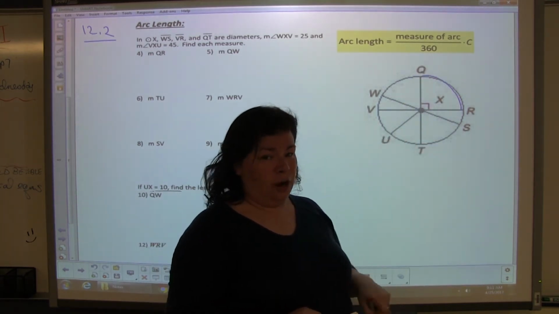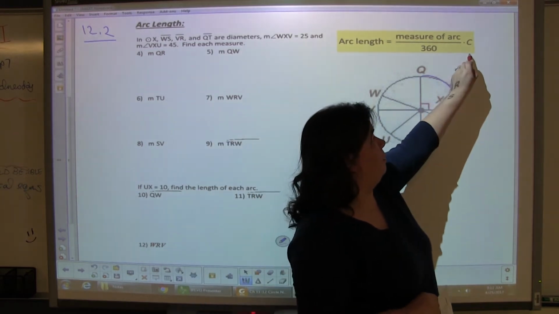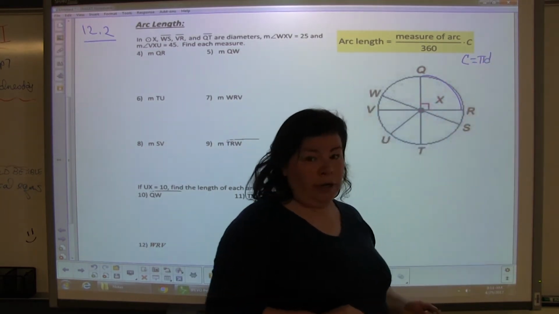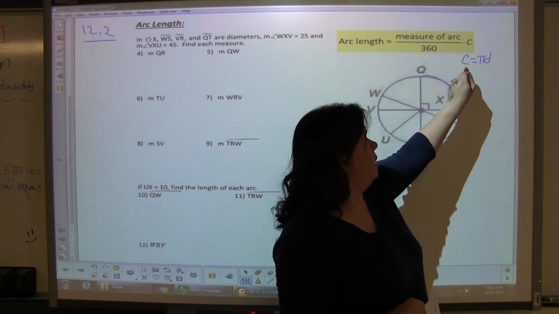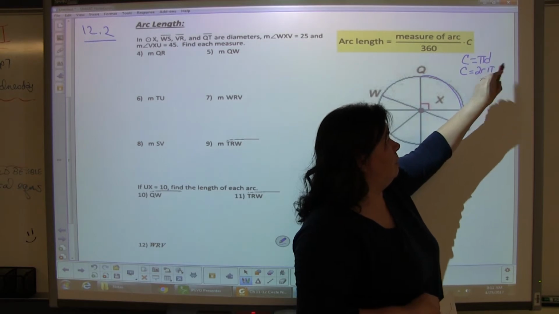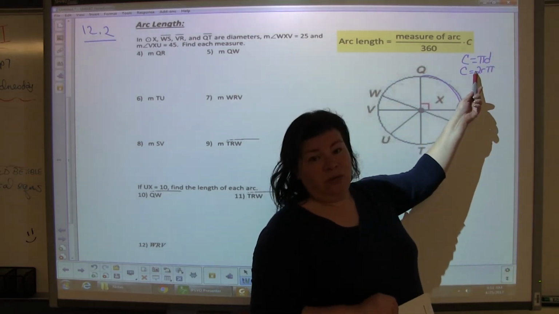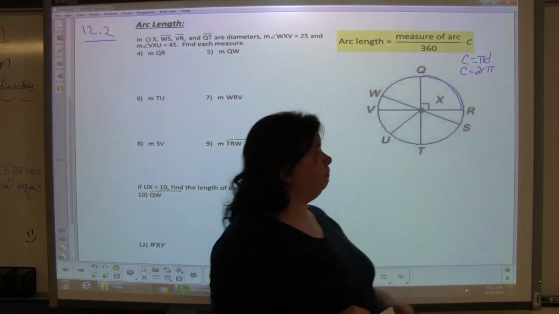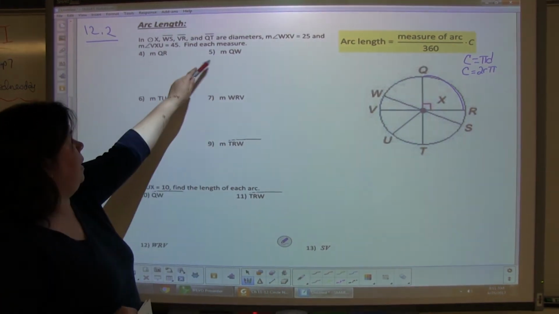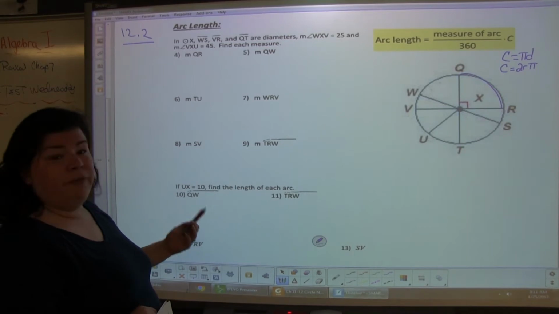So recall that the circumference of a circle is found by taking pi times diameter. Or if we're given the radius, then we take 2 times the radius times pi, because 2 radii equal a diameter.